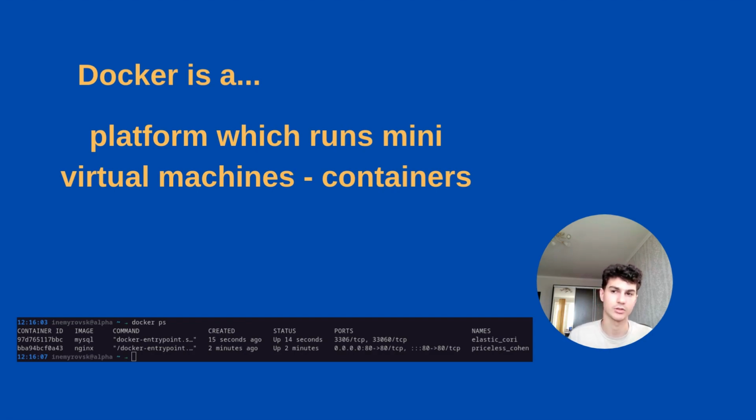You can consider them as environments where you can run your mini applications, like microservices, or, as you can see in this little screenshot, I run Nginx with MySQL. It's just an example of how you can run a few containers in Docker.